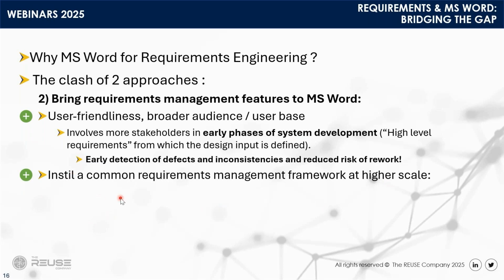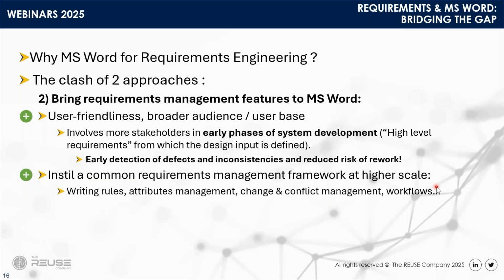One second aspect is to instill a common requirements management framework at higher scale. So requirements management needs that we have ways to write requirements, writing rules, attributes that need to be managed. So why wait for the system level to define proper attributes? Why not start from the beginning?